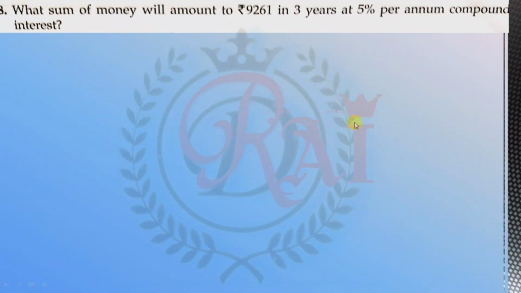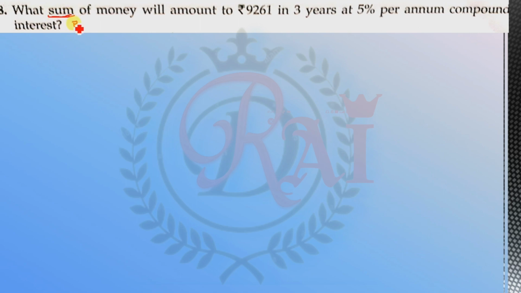Next question: What sum of money will amount to rupees 9,261 in 3 years at 5% per annum compound interest? So here in this question I need to find a sum. Sum means a principal.